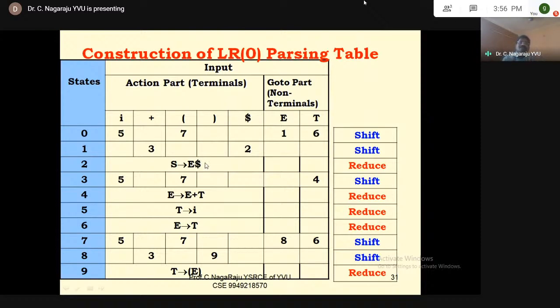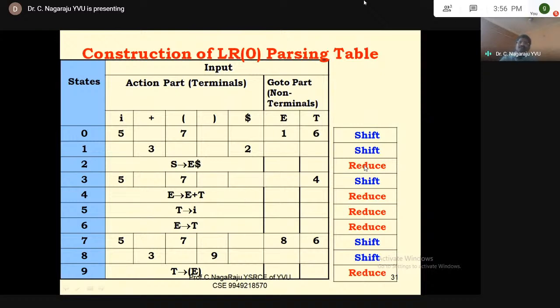Already the action table contains four actions: shift, reduce, accept, and error. So these are the four actions that will be taken. This is the accepted string, and whenever we are taking the others, these are unaccepted.